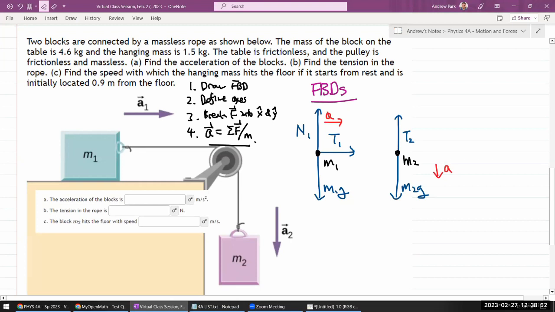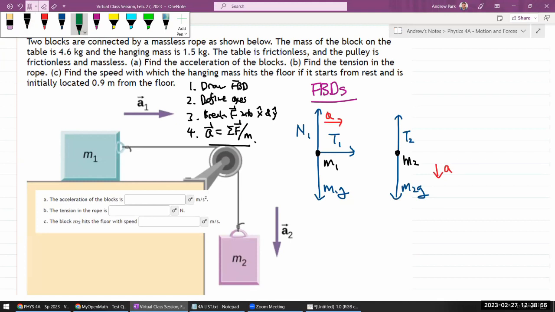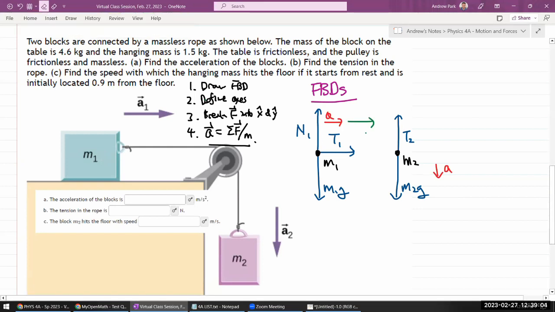In step number two, we should define axes. And as you define axes, really what you're looking at is your direction of acceleration. So let's say, since for object one our acceleration points this way, let's make this our plus x direction. And in case it matters, let's say the y direction is that way. This is our normal straight axis.